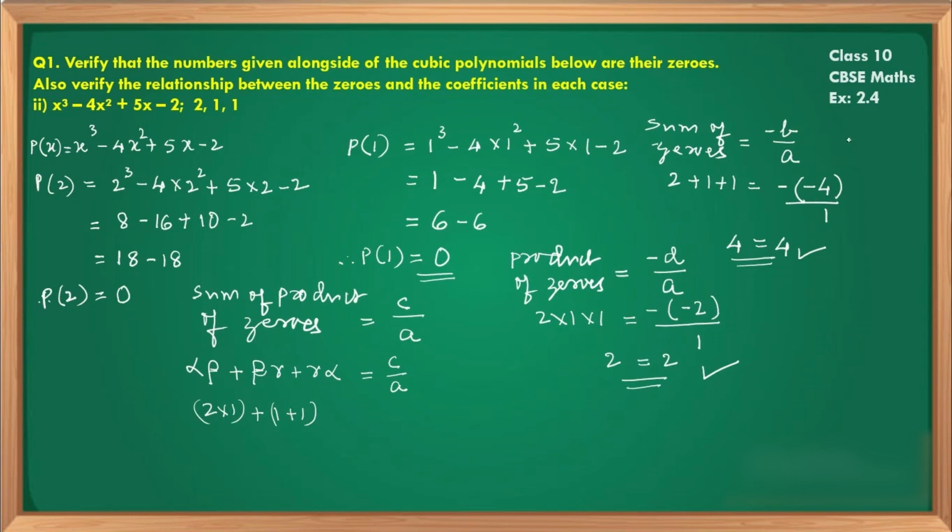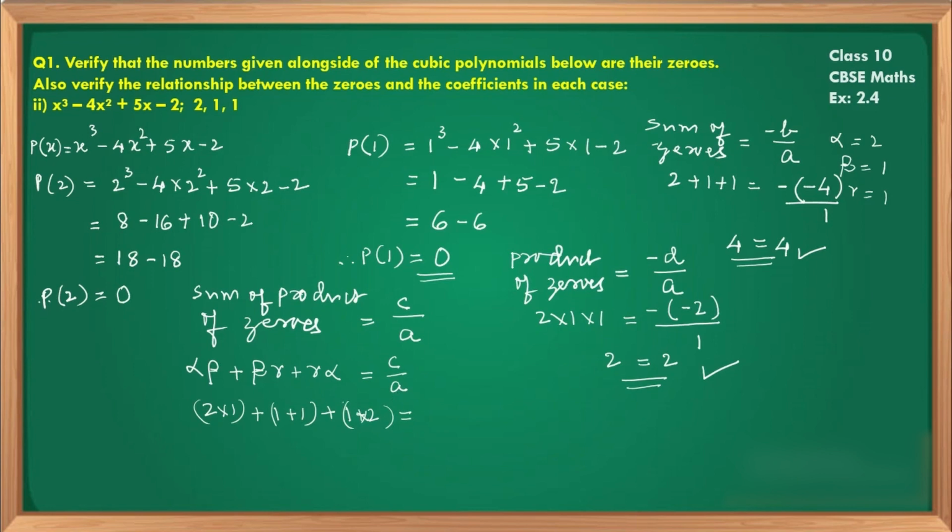I'll write down here for your easiness. Alpha is 2, beta is 1 and gamma is 1. So now from there we take plus gamma alpha, 1 into 2 is equal to c.